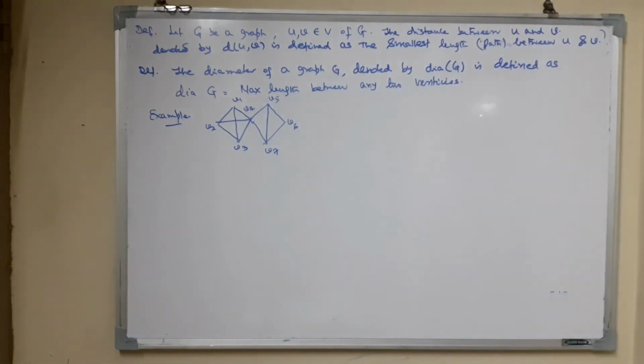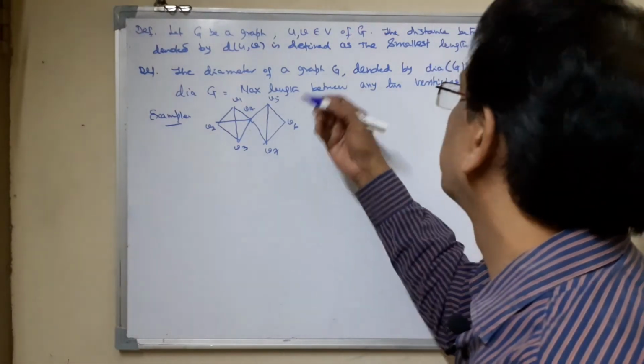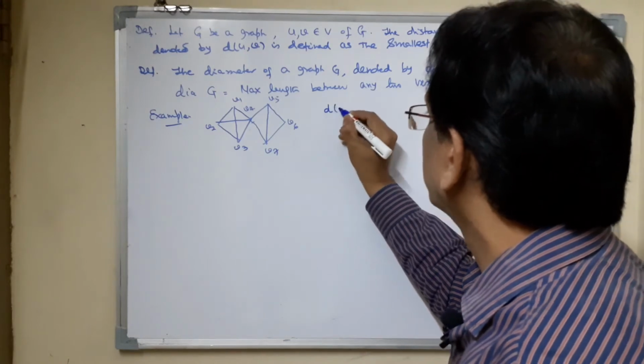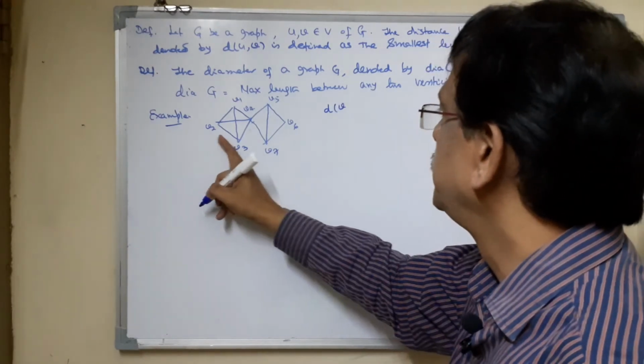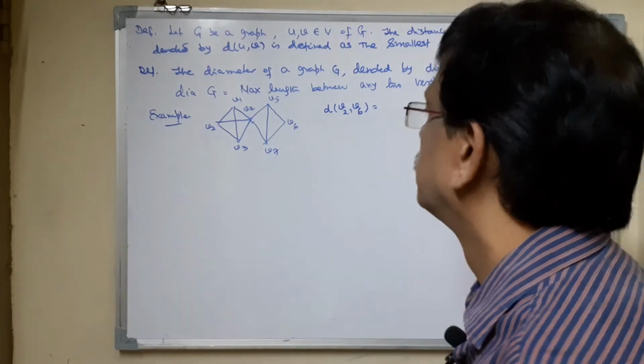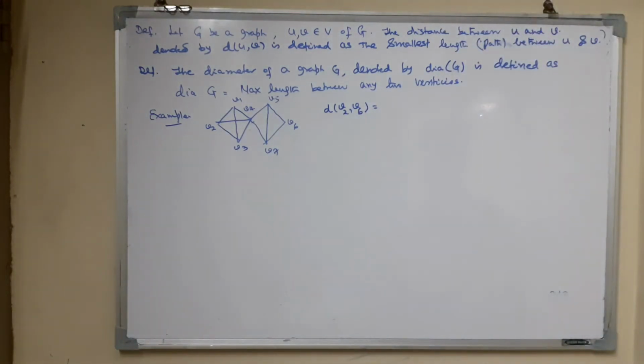Let us calculate the distance and the diameter. So I want to calculate the distance from V2 to V6. V2 to V6, how do you calculate?